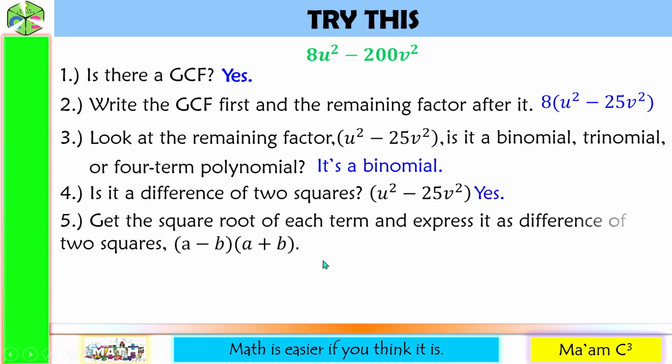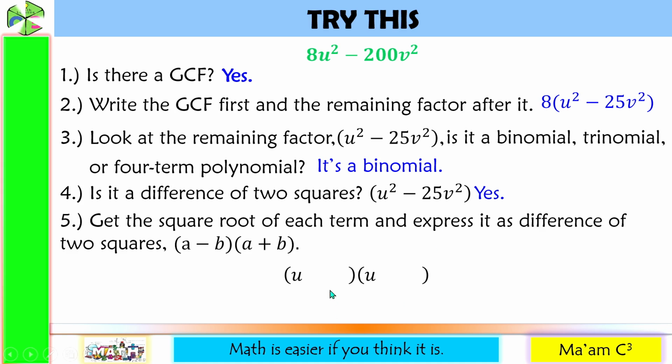Now, let us get the square root of each term and express it as a difference of two squares. First, the two sets of parentheses. Next, the square root of u squared is u. So we have to write u here and another here. The square root of 25 is 5, and the square root of v squared is v.